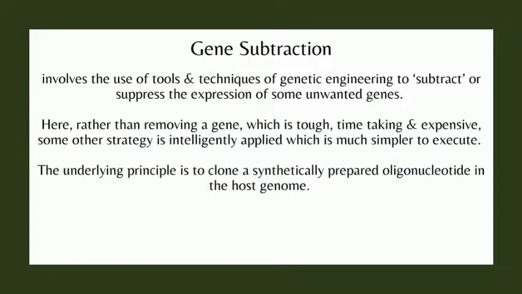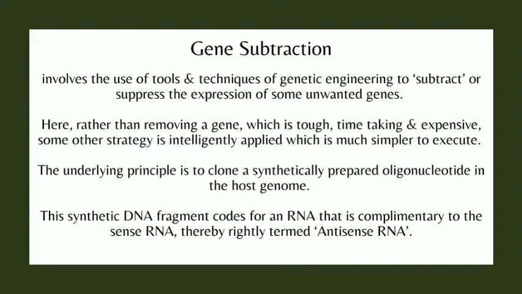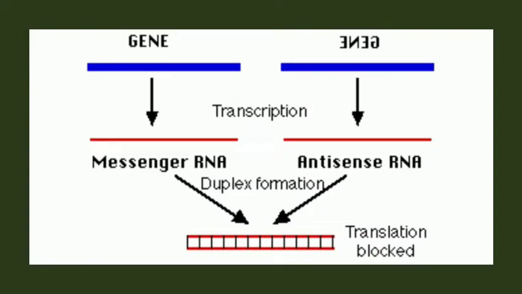The underlying principle is to clone a synthetically prepared oligonucleotide in the host genome. This synthetic DNA fragment codes for an RNA that is complementary to the sense RNA, thereby rightly termed antisense RNA. The prerequisite to do so is that the target gene sequence should be known so that the antisense nucleotide may be successfully synthesized.